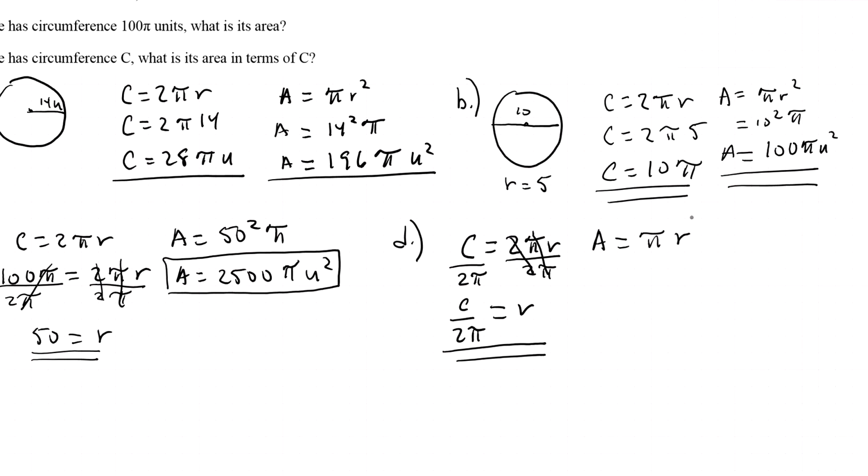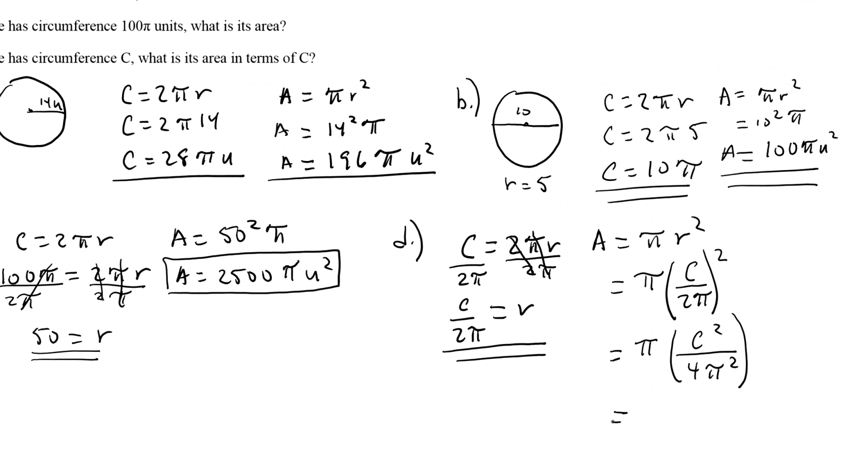And so we want to get the area, which equals pi r squared, so we know that pi, and then this is going to be C over 2 pi, squared. So we're just doing some algebra here, and we get pi and we get C squared over 4 pi squared.